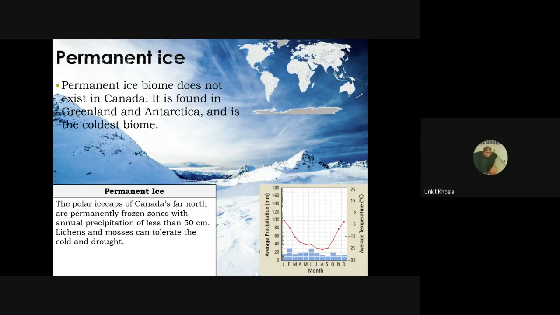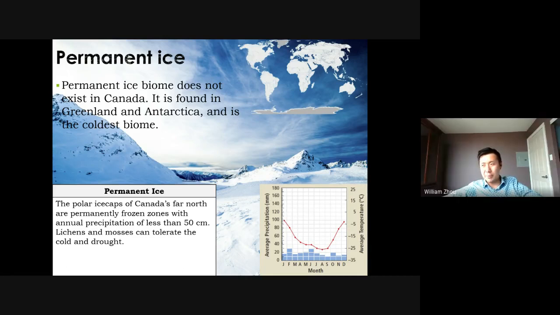Wait, Mr. Zhou, isn't that good though? Like we can inhabit the land there if there's climate change. Yeah, technically, sure. If climate change were to hit, a lot of land in Canada will become warmer. But that is one of the few benefits.